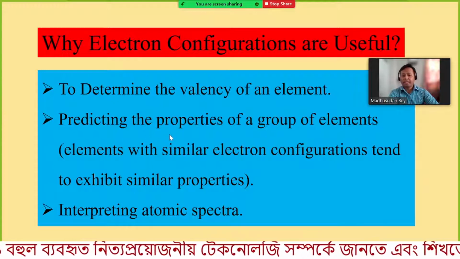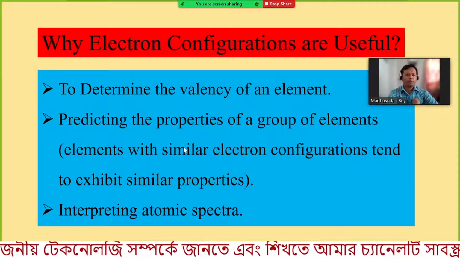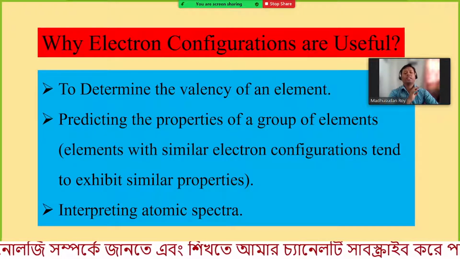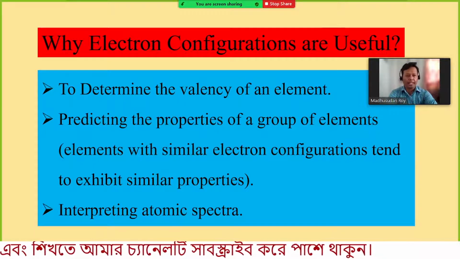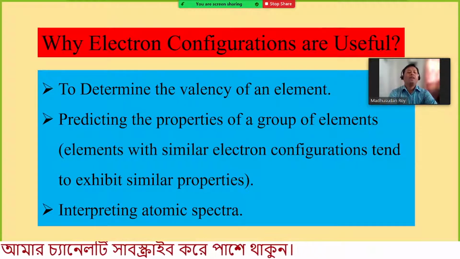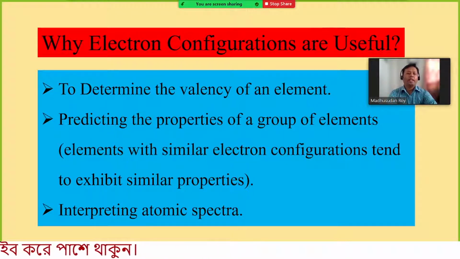Next, predicting the properties of a group of elements. If you find a group of elements having a similar electronic configuration, that means the outermost shell has a similar number of electrons, then you can consider that the group of elements will have similar characteristics.